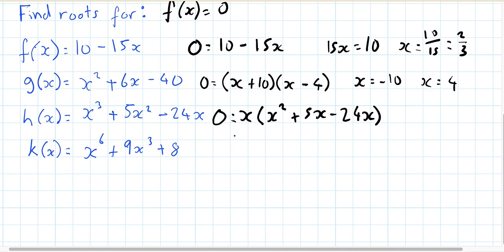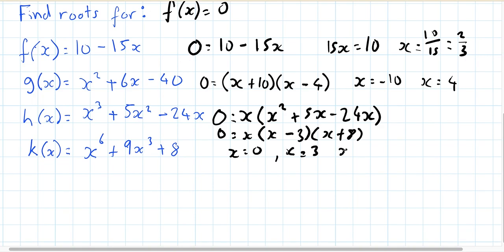So here I just factorize the inside, so x, and two numbers that multiply to give me minus 24, 8 and 3. Positive 5, so it would be like that. Therefore x equals 0, x equals 3, and x equals minus 8.